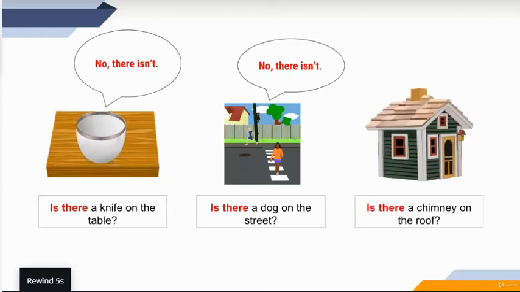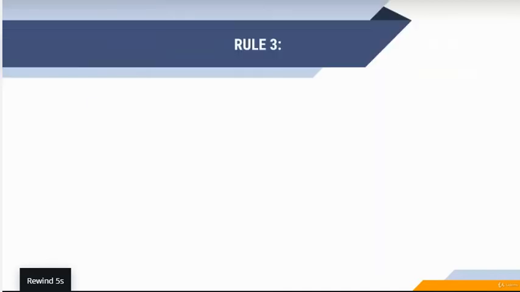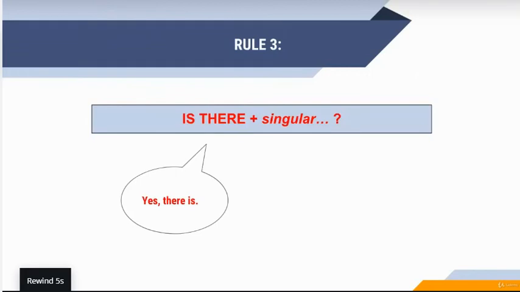Is there a chimney on the roof? Yes, there is. No, there isn't. Is there a bird on the roof? No, there isn't. So, is there is used plus a singular noun, and the answers are yes, there is, and no, there isn't.